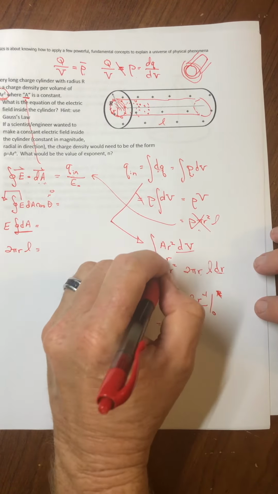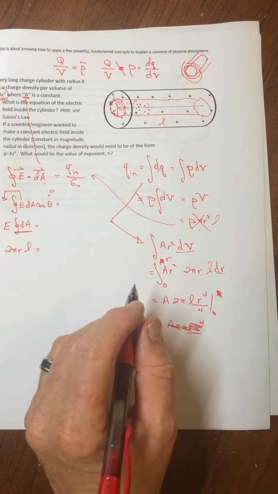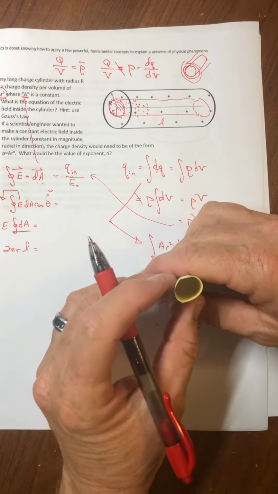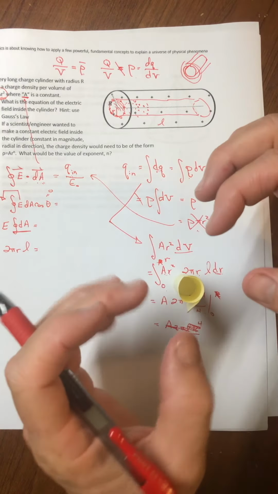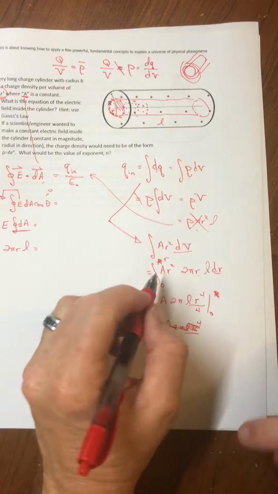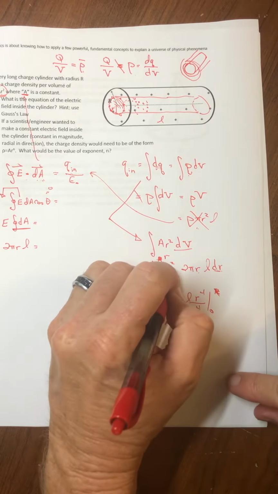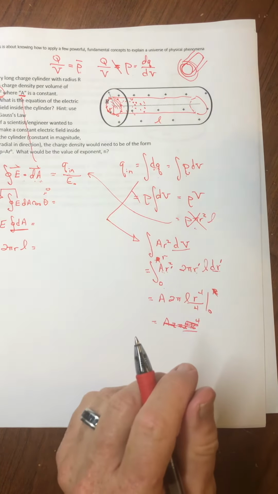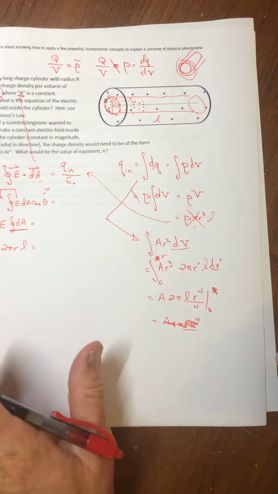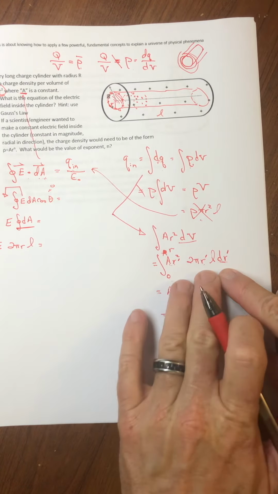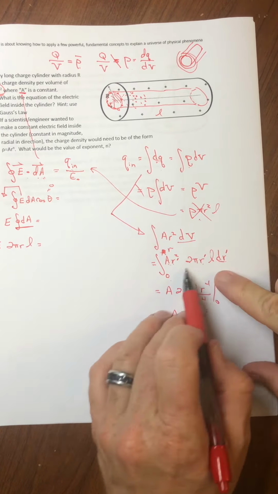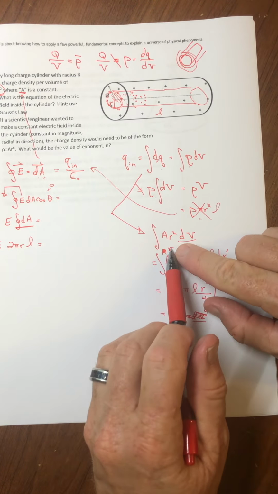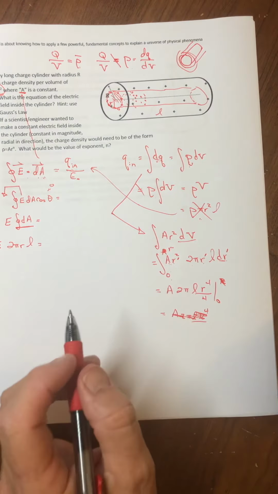This is the charge inside the Gaussian surface. So I'm not trying to find all the charge of the cylinder. I'm just going to add up until I get to the Gaussian surface, and that would be little r. This might get confusing, so maybe it would look better if I put r primes here. I'm imagining starting at 0, with my variable small radius r prime getting bigger and bigger until I get to the r of the Gaussian surface.